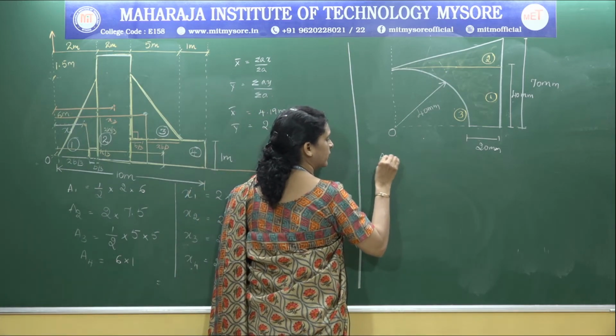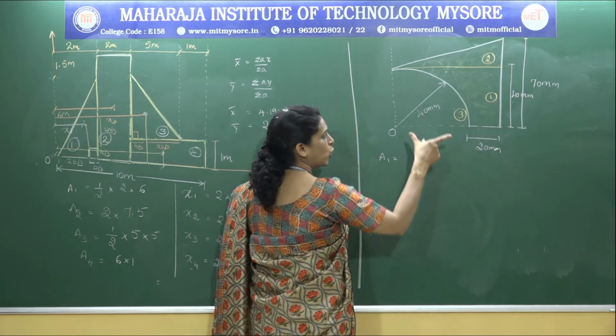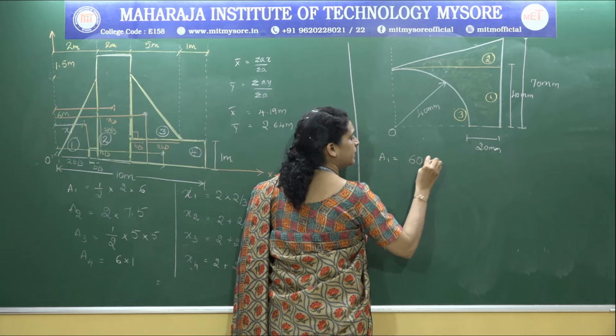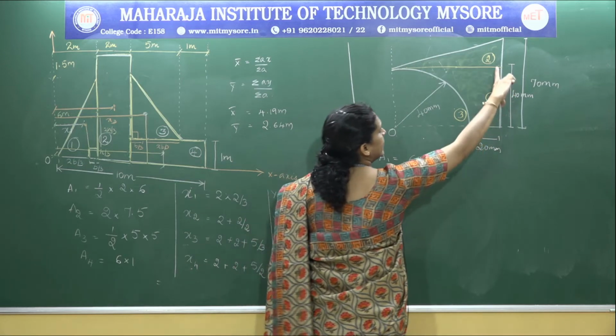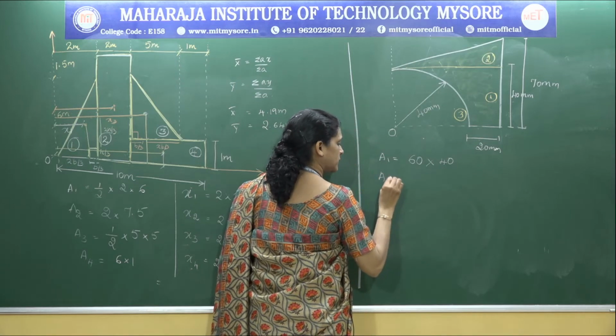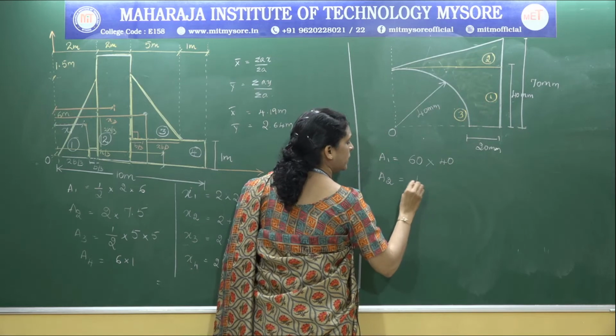So the area of the first section is a rectangle. So it is 40 plus 20, 60 into height is 40. Area of the second section is a right angled triangle.